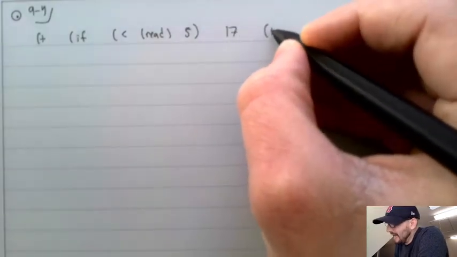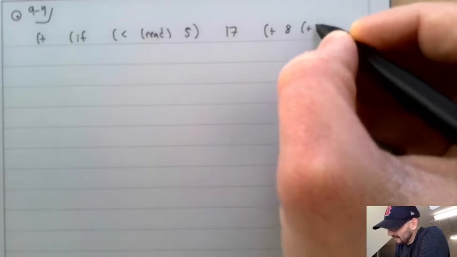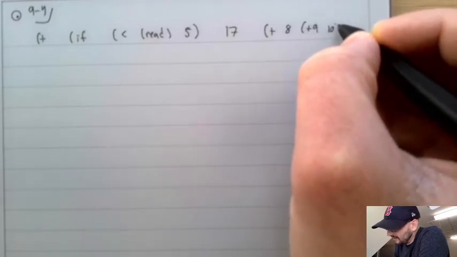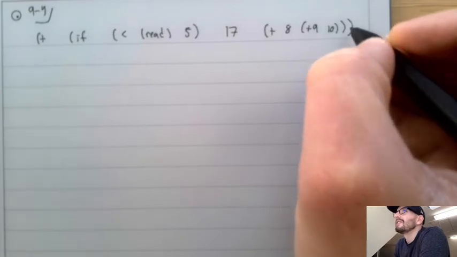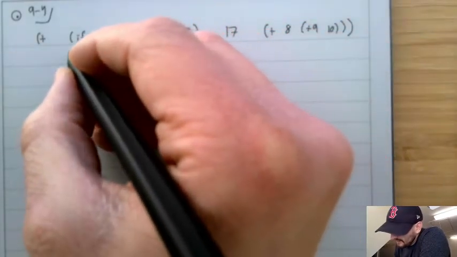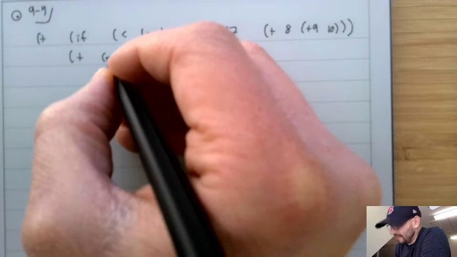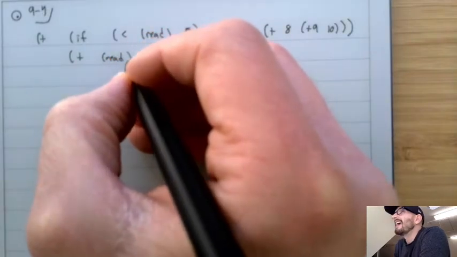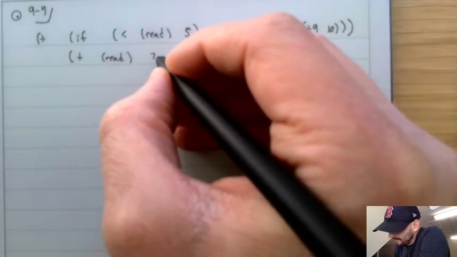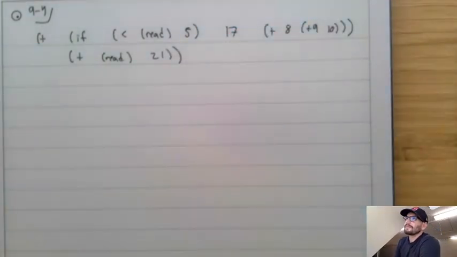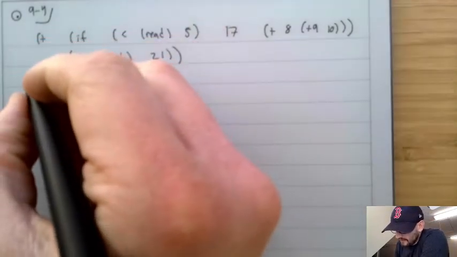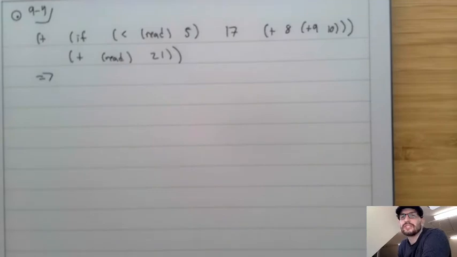Otherwise, we will add 8, 9, and 10, close the 9, close the 8, close the if statement. And then after that, we'll do a plus of a read and 21. Okay. So now here's what this program is going to look like afterwards. And then we'll talk about how we actually get this.